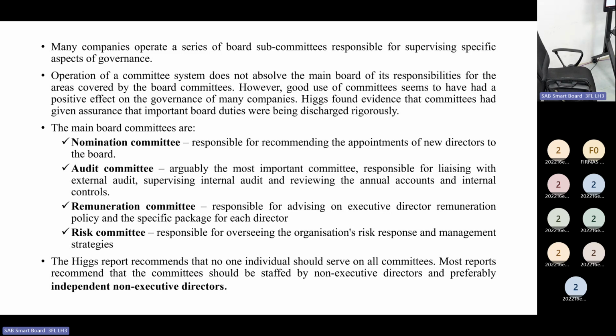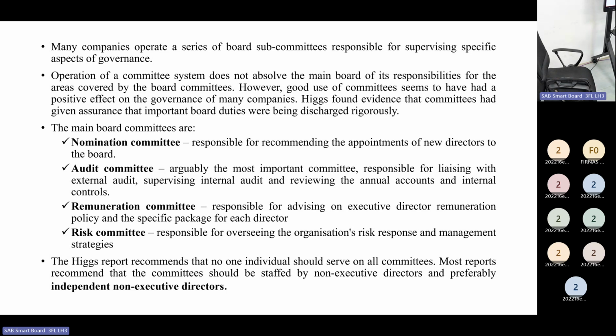So if you take the committees, nomination: you can see they are responsible for recommending the appointment of new directors to the board. Second one, audit. The audit committee is the strongest. Right?